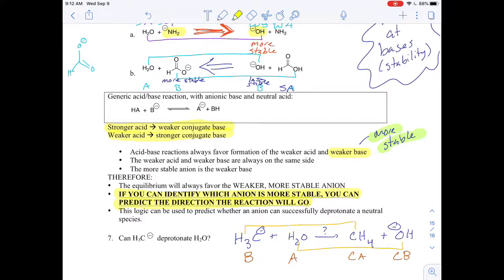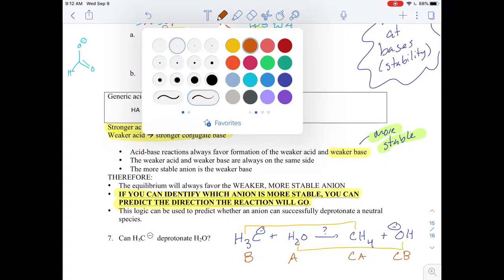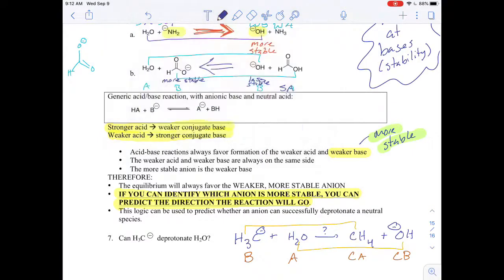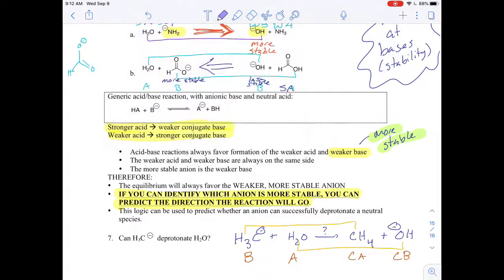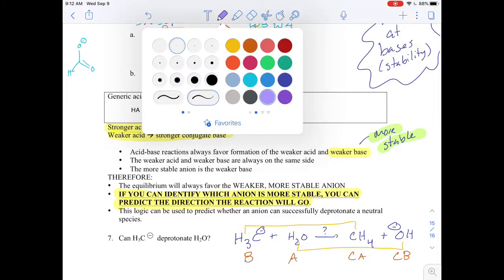So now what am I doing? I'm looking at these right here, the bases. Which base is more stable? Okay, they both have charge, so that's not the case. But one has a negative on an O, the other has a negative on the C. So which one is better? Well, this is more stable.